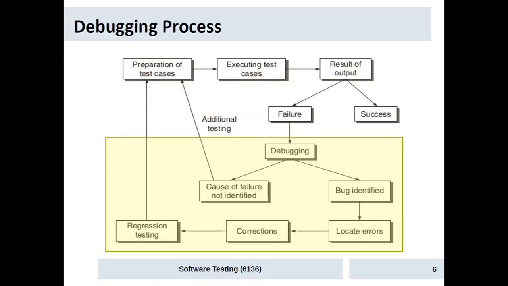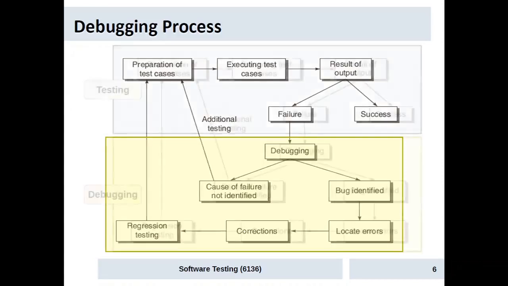We need to correct the error, and the correction needs to be tested. And after the correction, we need to perform regression testing. Regression testing is very important, so that we make sure that the corrections are validated and the software is working as expected.